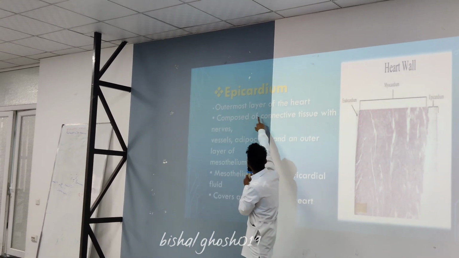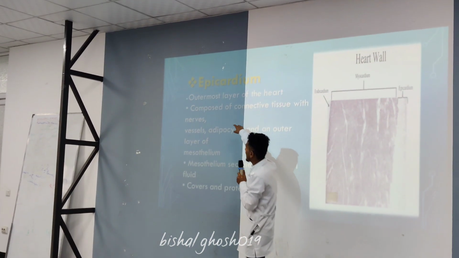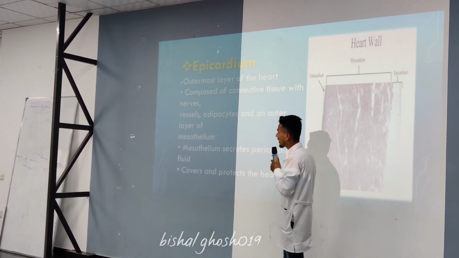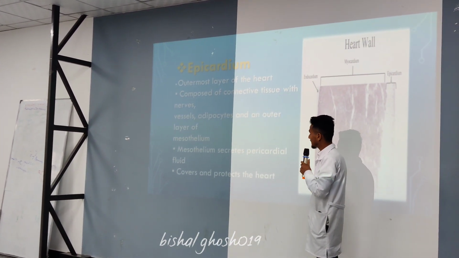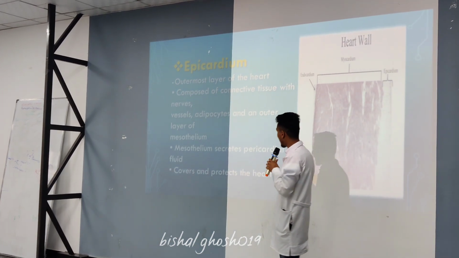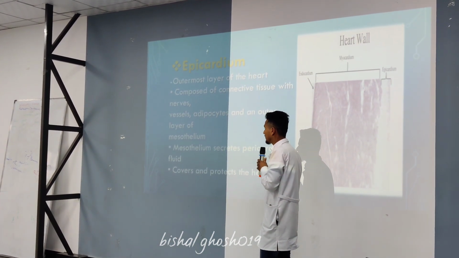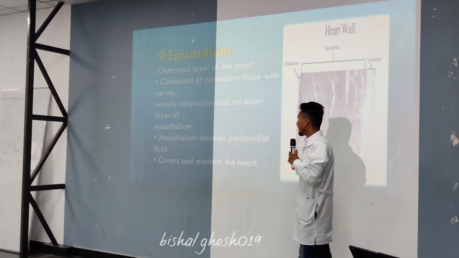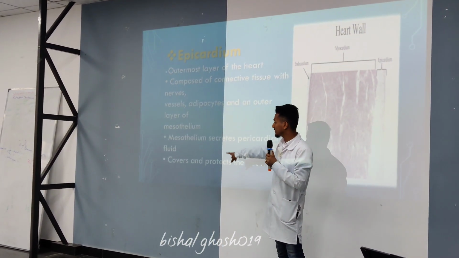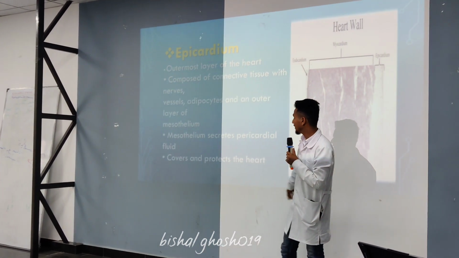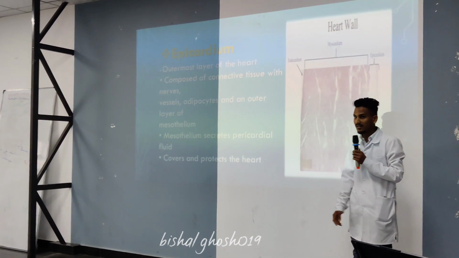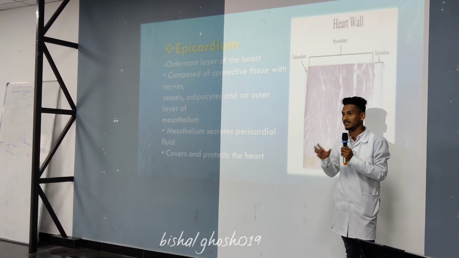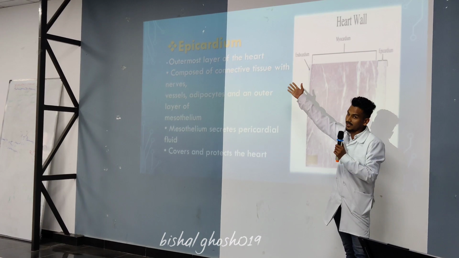The epicardium, the outermost layer of the heart, is composed of connective tissue with nerves, vessels, adipocytes, and an outer layer of mesothelium. The mesothelium secretes pericardial fluid and covers and protects the heart. The main important thing is that the epicardium protects the heart.